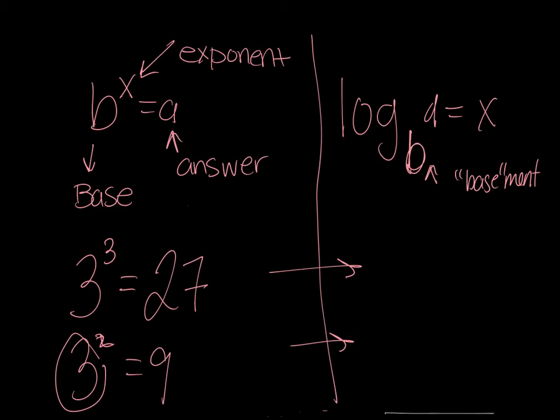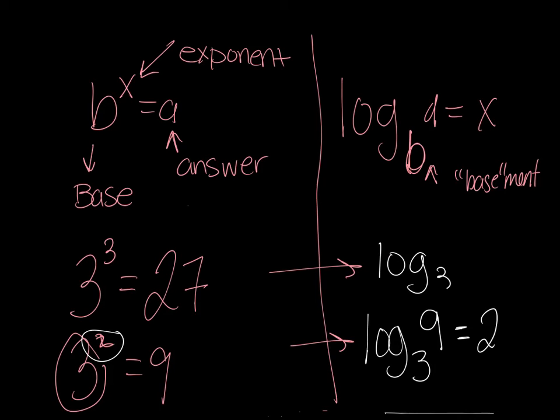So 3 squared equals 9 would be log with a base of 3 of 9 equal to our power, which is 2. Likewise, 3 cubed equals 27 would be represented as log base 3 of 27 equals 3. So let me explain more about that because that's very, very different.